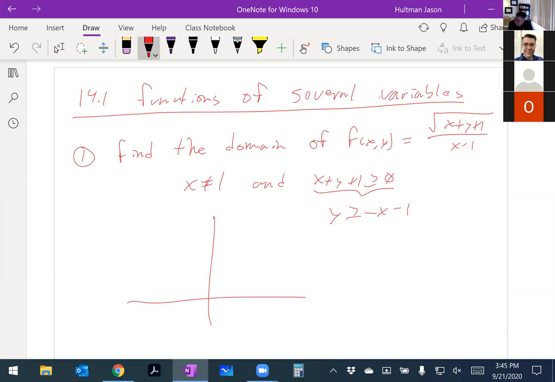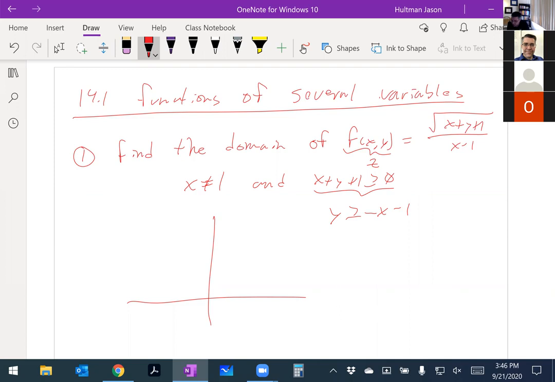So our domain is going to be a two-dimensional region, because it's where the domain is with respect to x and y. And f of x, y, you can think of as z. That's the z function. Okay, it's multivariable this time.